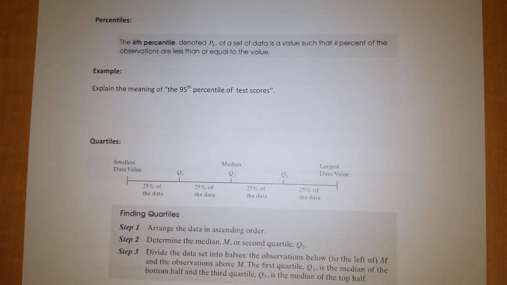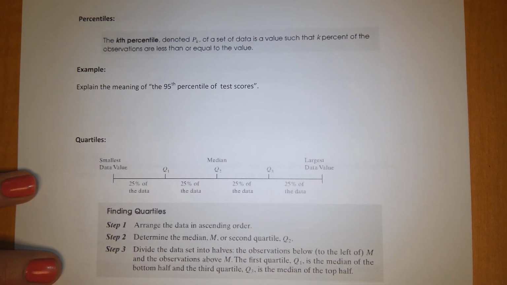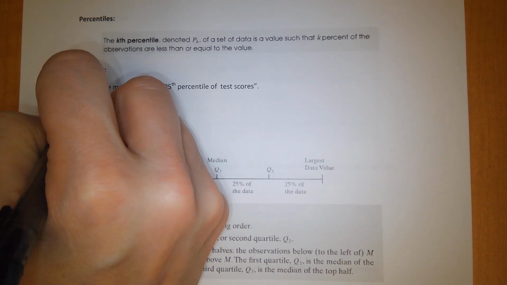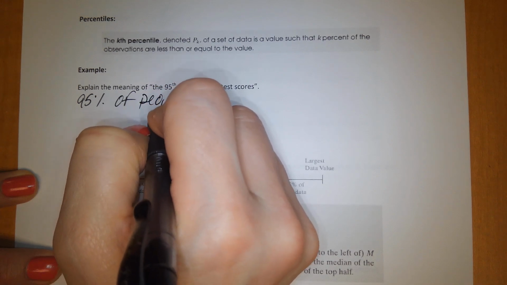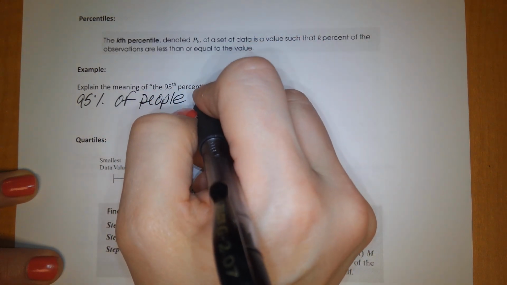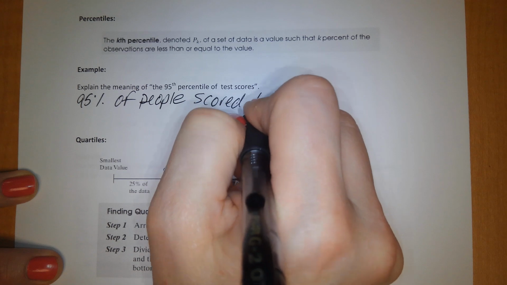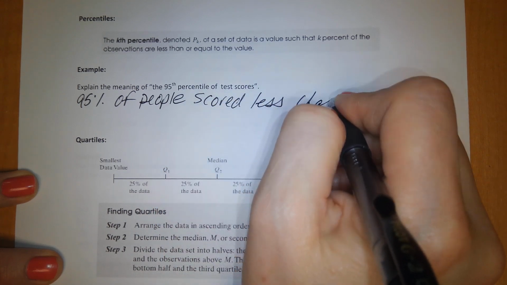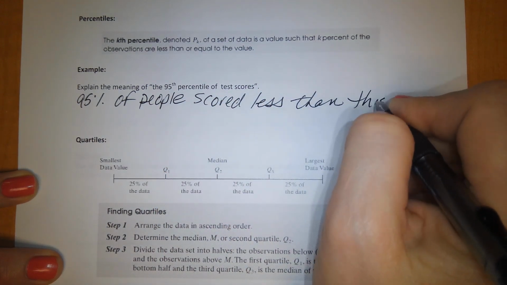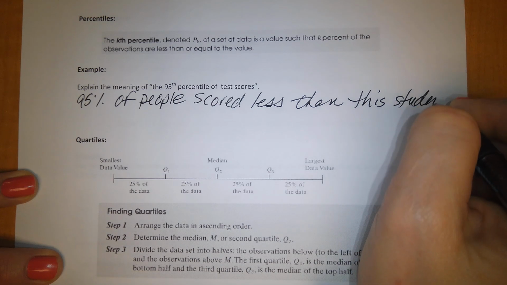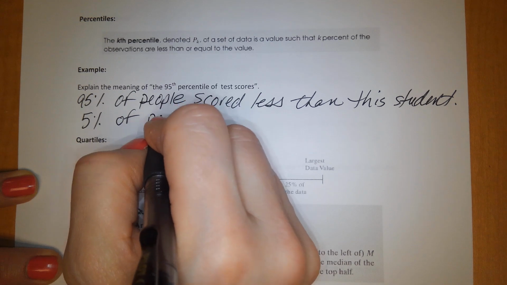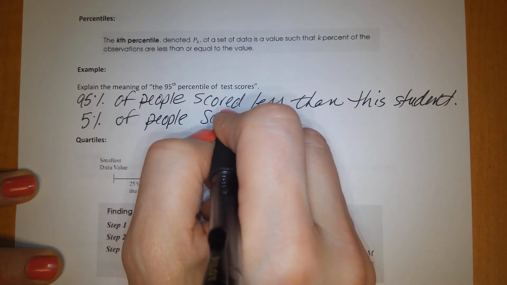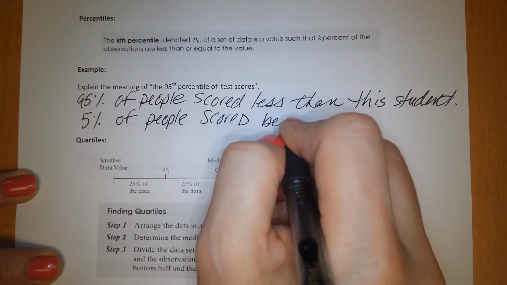For example, if I said explain the meaning of the 95th percentile of test scores, this means that 95% of people score less than the student. Or you could say 5% of people scored better.